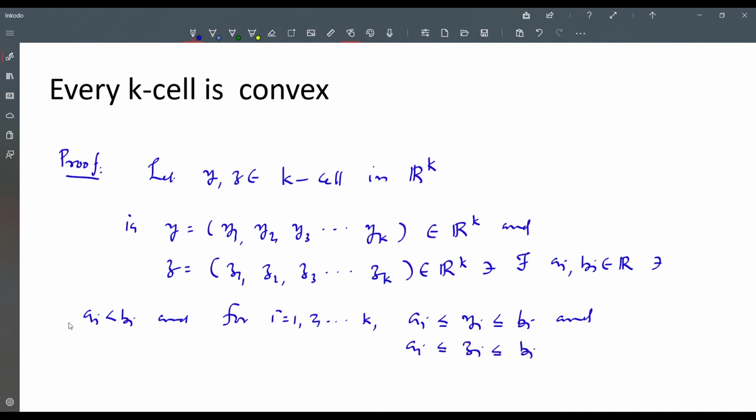So this is the definition of a k-cell, and you have y and z belonging to the k-cell. So the coordinates of y and z satisfy these inequalities.